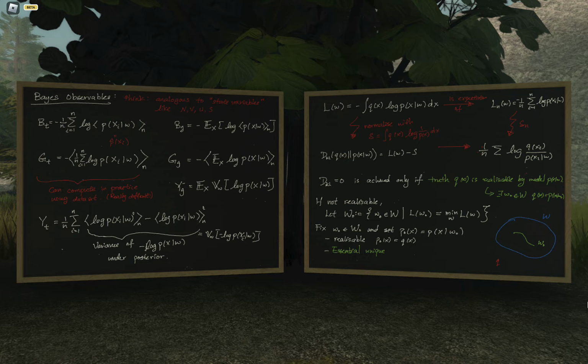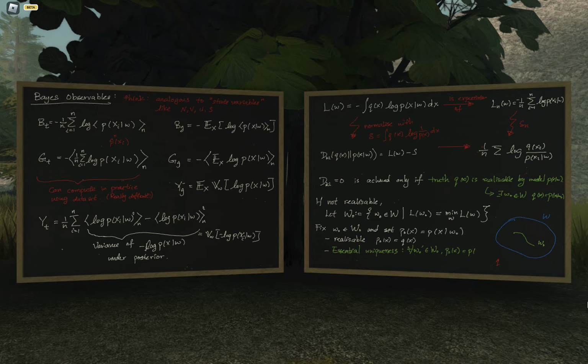Another property we could define is essential uniqueness, which is saying that for all other optimal parameters, the distribution is the same.